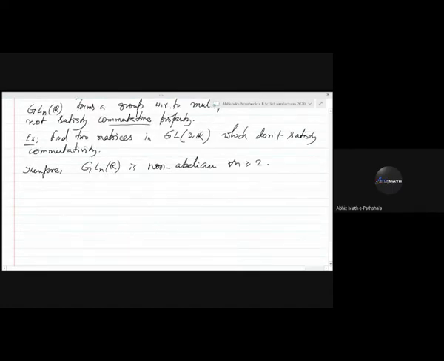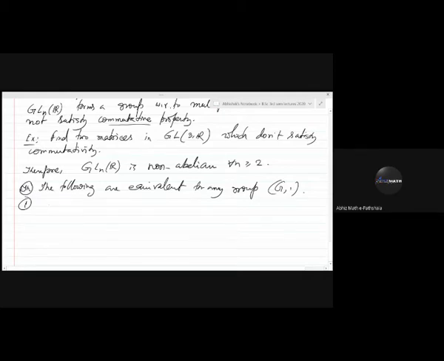Now let us have a look at some equivalent characteristics of abelian groups. Suppose I would like to state this as a theorem. The following are equivalent for any group (G, dot).